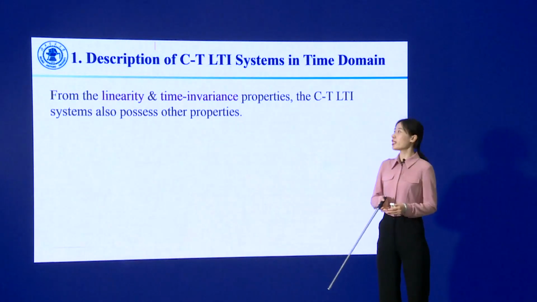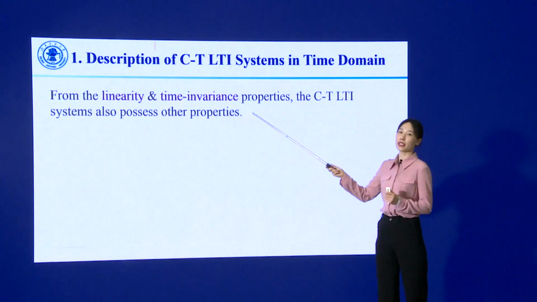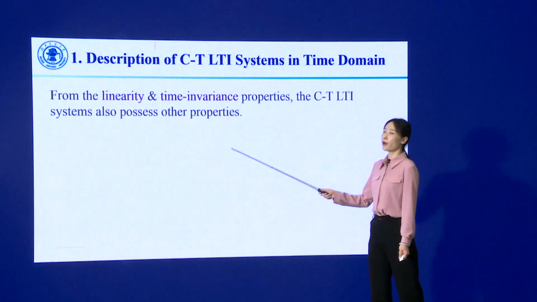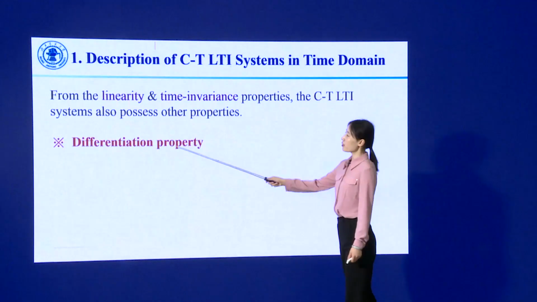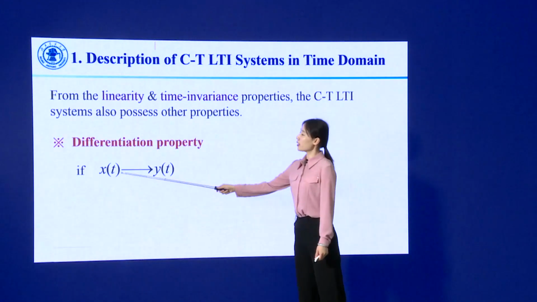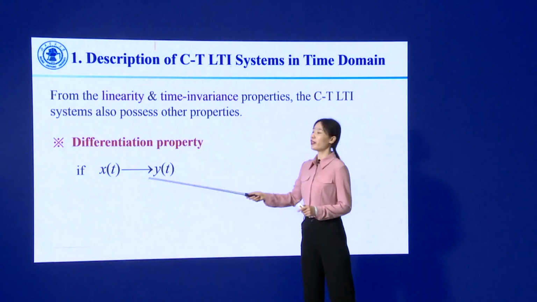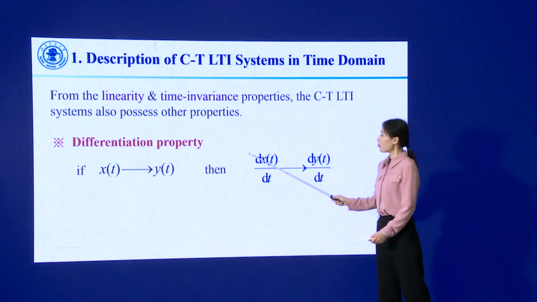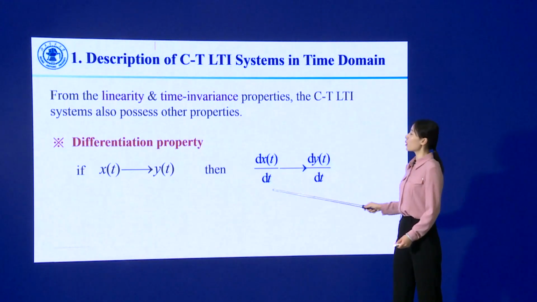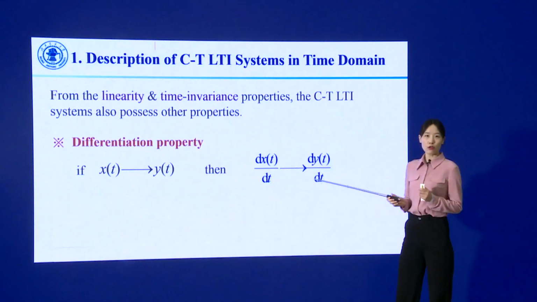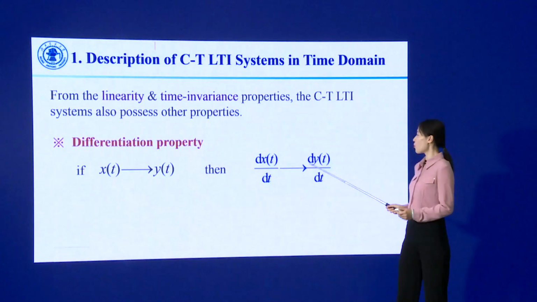Besides the linearity and the time invariance property, the CT LTI system also has other properties. One is the differentiation property. When s(t) is the input and y(t) is the output, then when the input is the first derivative of s(t), the output is also the first derivative of y(t).